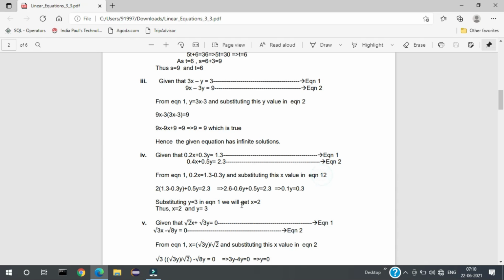What is equation 2? 0.4x plus 0.5y equals 2.3.